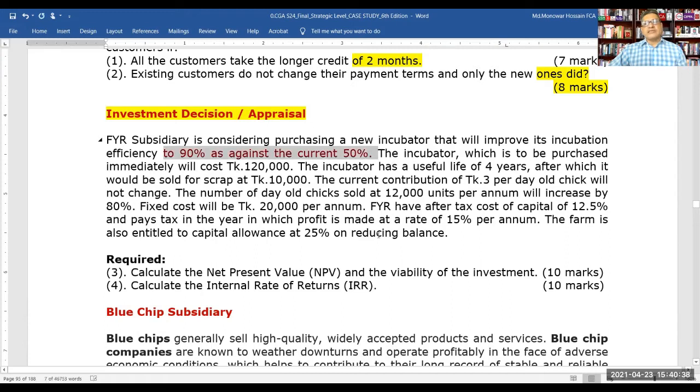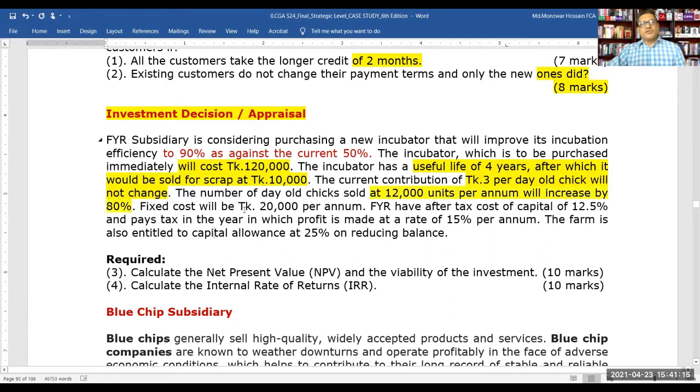So it is the highlighting thing. Then the purchase immediately will cost 1,20,000. Its life is 4 years. Scrap value 10,000. The current contribution is Taka 3 per day old chick. The number of day old chicks sold, 12,000 units per annum, will increase by 80%.